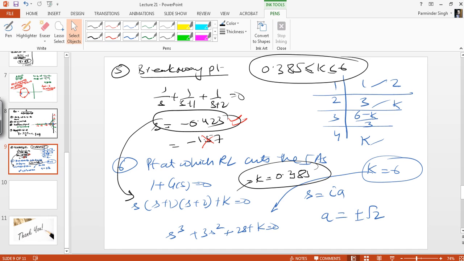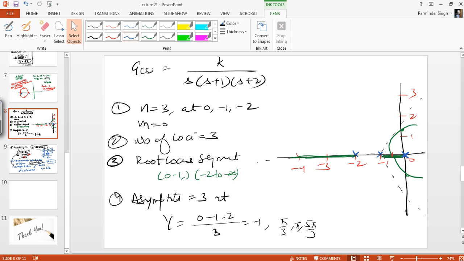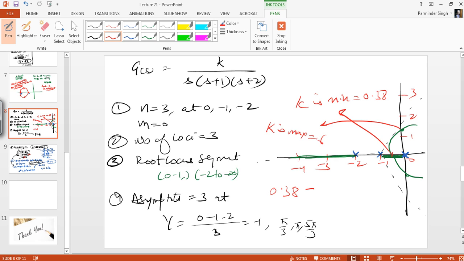That means for this root locus over here k is minimum, which is 0.38, and over here k is maximum, which is 6. So between 0.38 and 6 there are infinite values for which the system is stable. Clear?